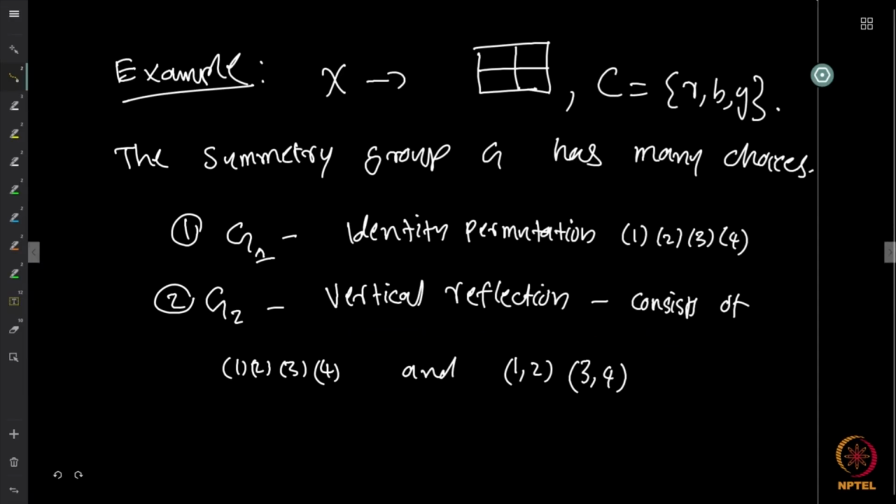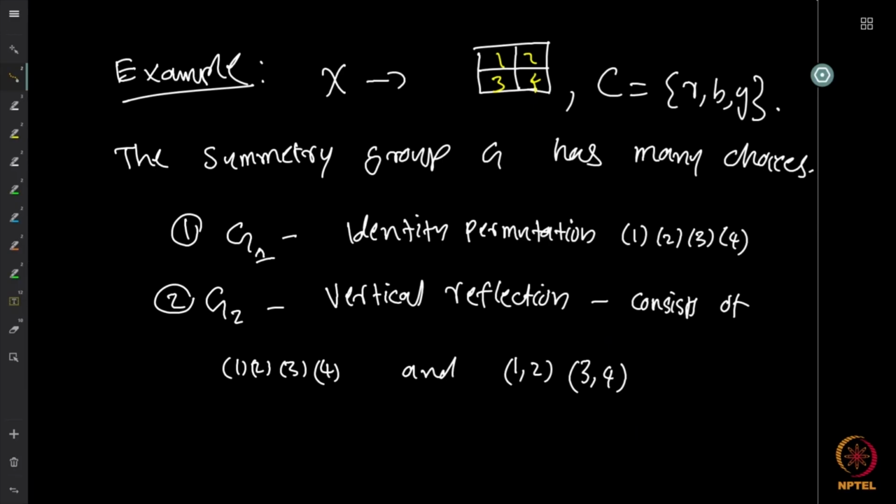If I take a vertical mirror and reflect, then you will see that under the reflection, with this labeling 1, 2, 3, 4, 1 will be going to 2, and 3 will be going to 4. So this is represented by this permutation: 1 going to 2 and 3 going to 4.